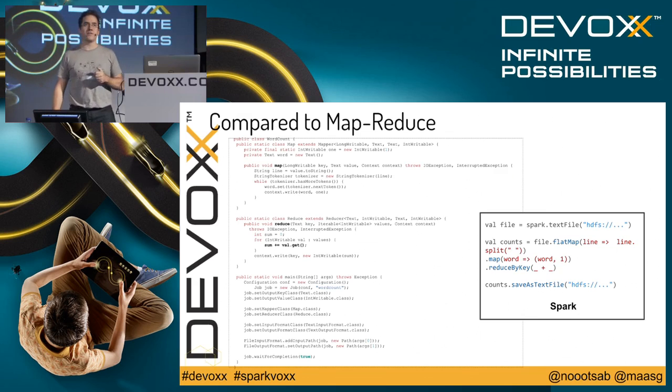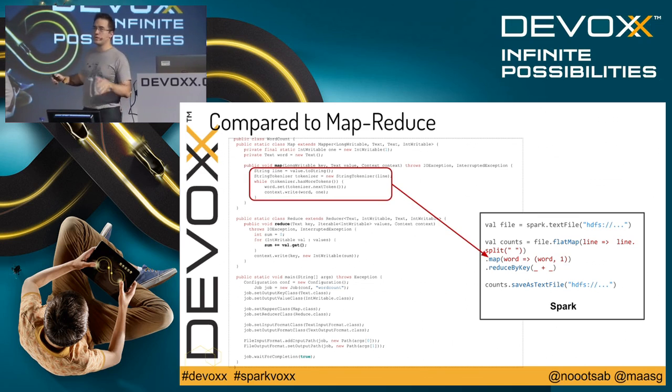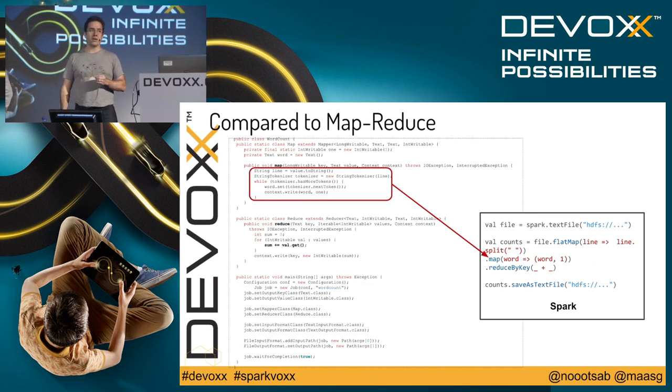And here we have the classical comparison that if you Google Spark, you will find at some point, the typical comparison between the MapReduce job and Spark. What we would like to point out here is just two things. From all the boilerplate that we are seeing on a classical MapReduce job, there are only two elements that we are interested in, that are the core of our business logic.